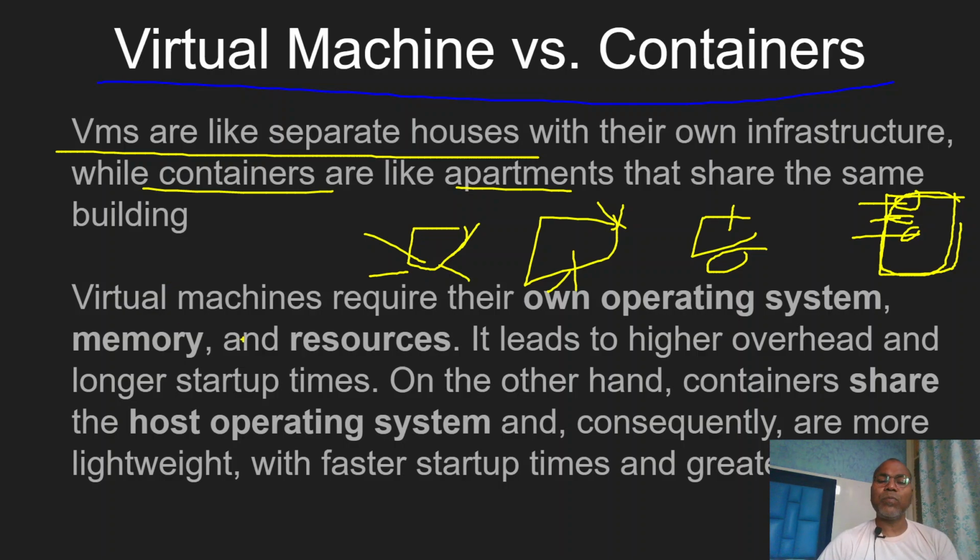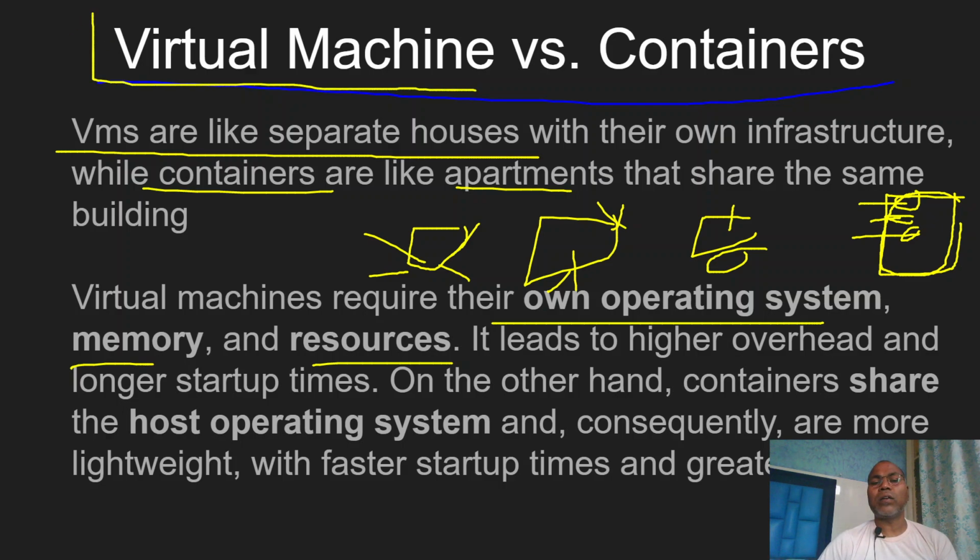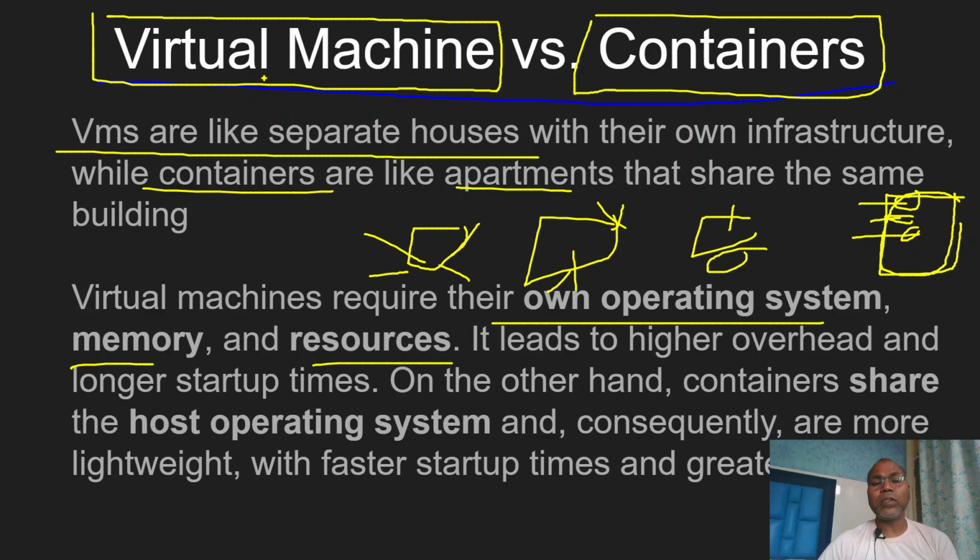So you can say virtual machines always require their own operating systems, memory, and resources. So virtual machines are not lightweight compared to containers. With virtual machines you can create a Linux machine, Windows machine, different operating system machines, and you can give them different kinds of memory allocation. This is the virtual machine.